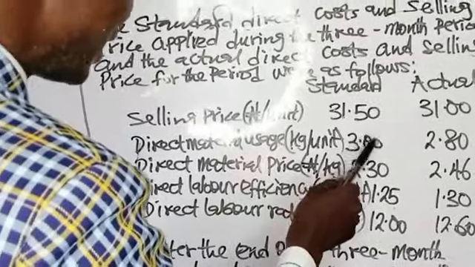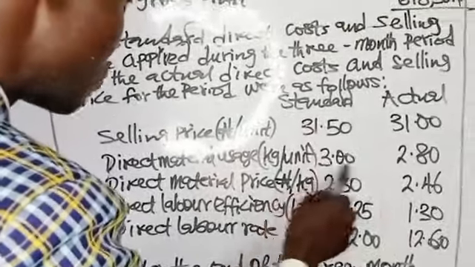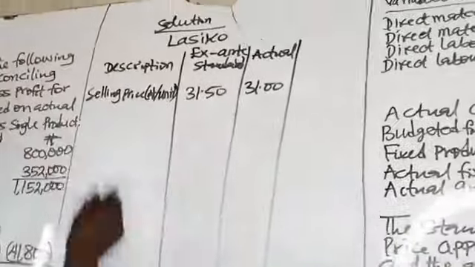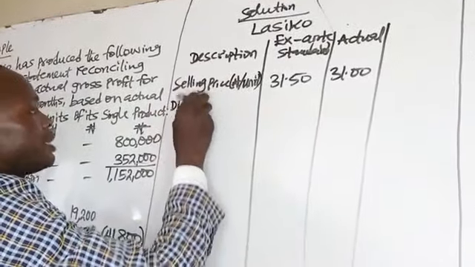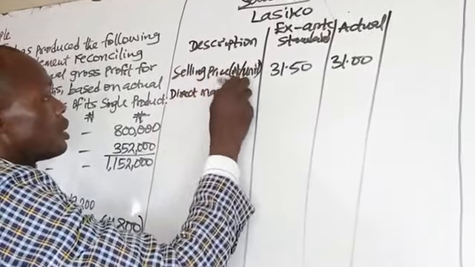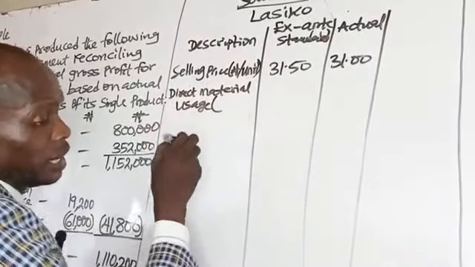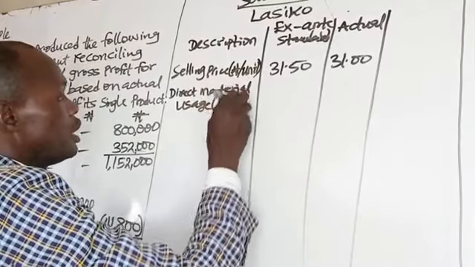Then we also have direct material usage, kilogram per unit. The initial standard, S and T, is 3, and the actual is 2.80. Direct material usage is given in kilogram per unit.